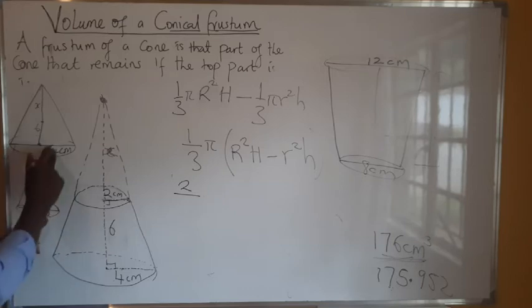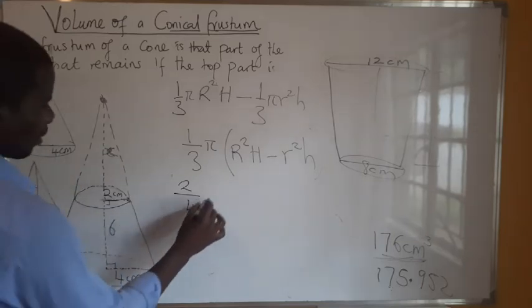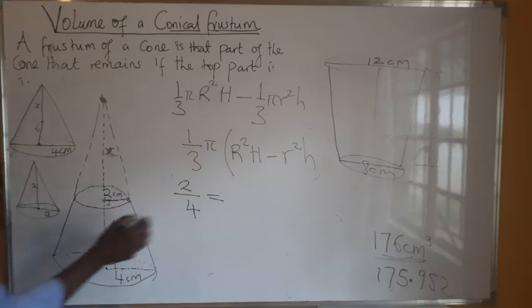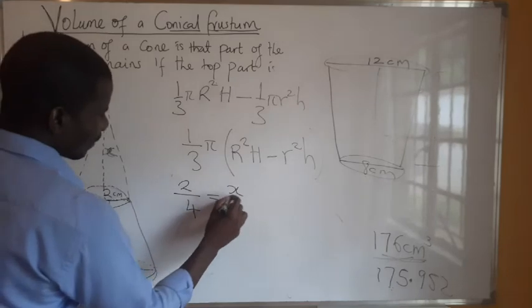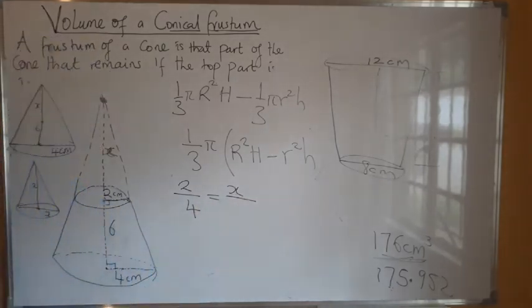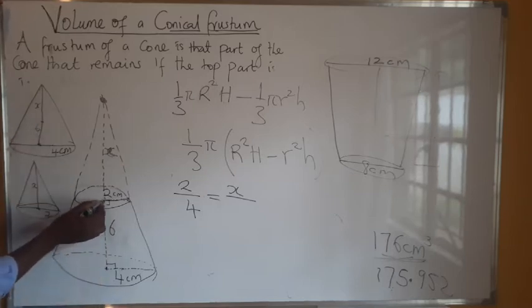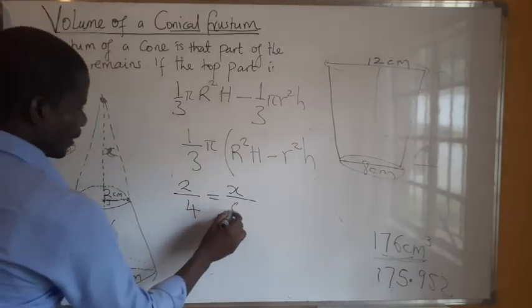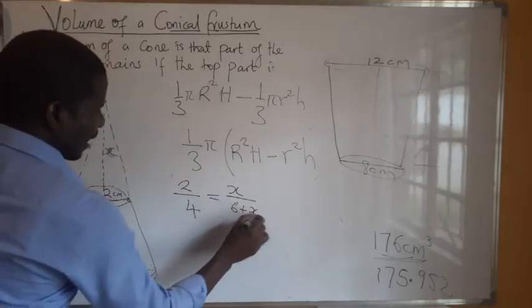So this 2 corresponds to 4 on the bigger cone. Then we come to the perpendicular height. Please pay attention to the perpendicular height of the smaller cone. It's x over the perpendicular height of the bigger cone. It's 6 here, from this point up to this, it's 6, then plus x, which we don't know. So it's going to be 6 plus x.